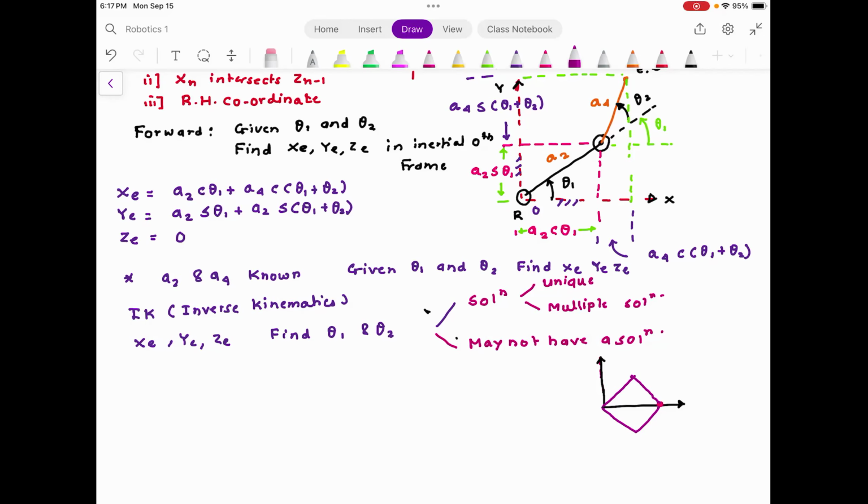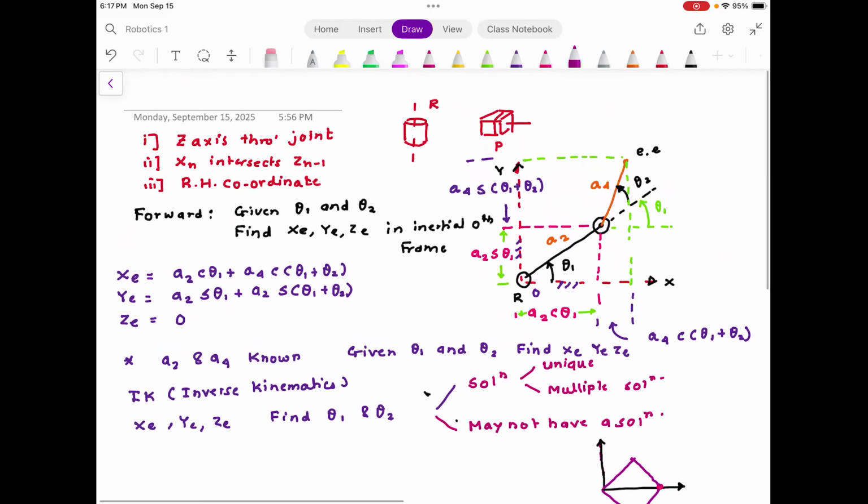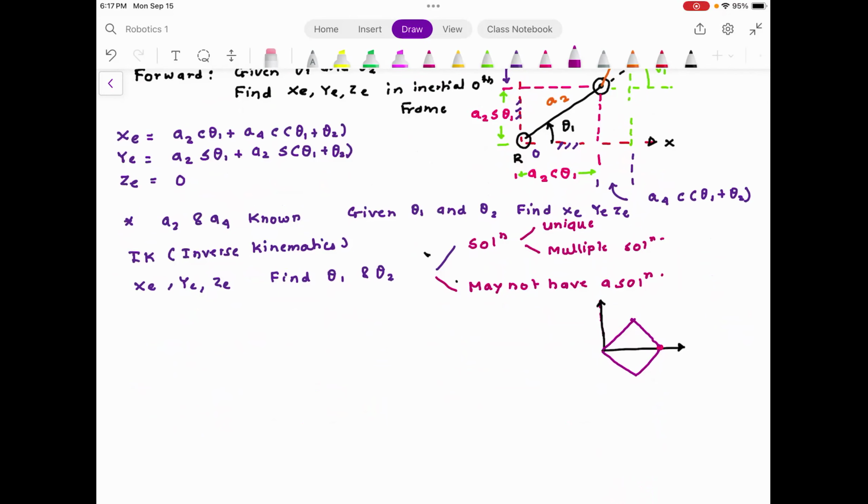So everyone understood? Key observation here is we have to look at the rules. Any robot, when we draw the kinematic diagram, it needs to be in terms of the revolute and prismatic joints. And to solve inverse kinematics problem, first you have to solve forward kinematics problem. Once your forward kinematics problem is solved properly, inverse kinematics problem should be easy.